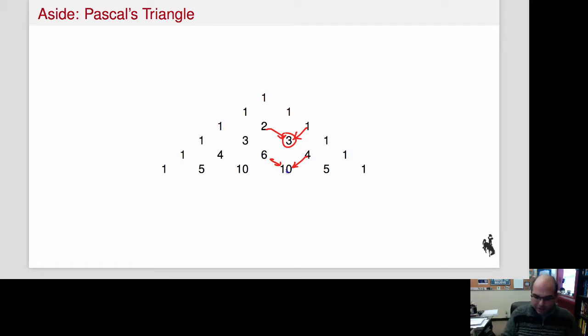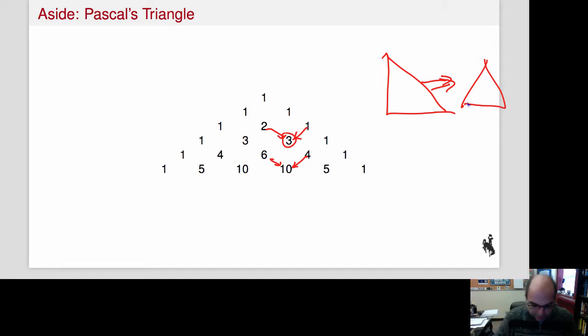It's the same as we had before. We used to have a triangle that looked like this, and all we did is shear it so that it now looks like this. That's all that happened. But this is a famous triangle. This is called Pascal's triangle. You may have seen it as what happens when you take, for example, x plus y cubed, and you end up with x cubed plus x squared y plus x y squared plus y cubed.